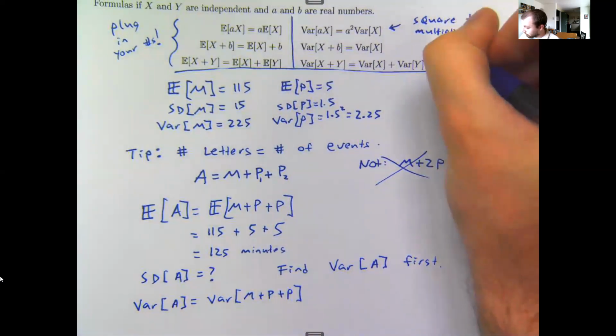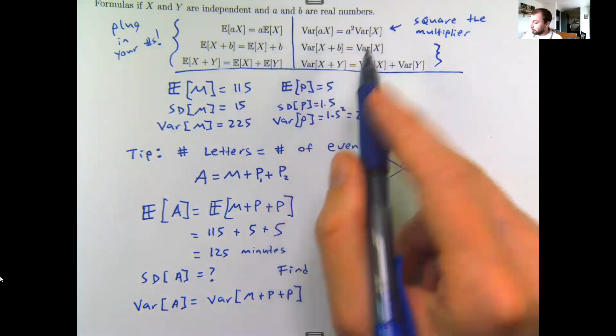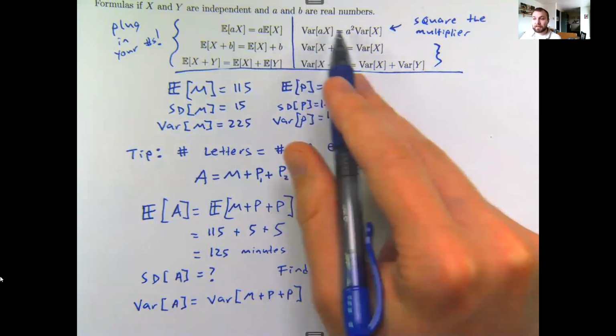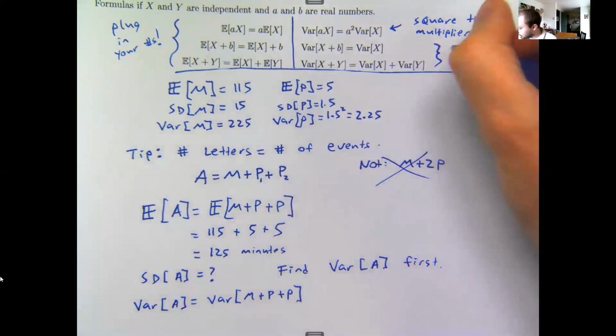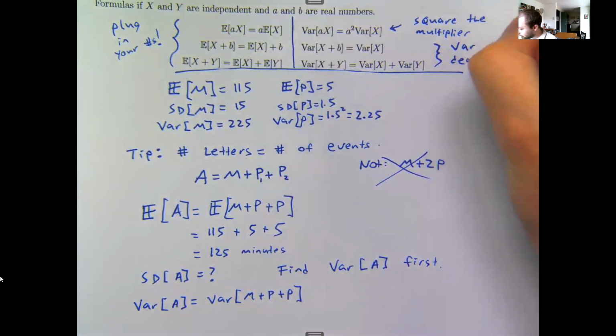And these last two rules say if you're adding a fixed number, you can ignore that fixed number. But if you're adding a variable, you need to account for that variable. A way to kind of summarize these last two rules is that the variance only deals with variables, things that actually change.